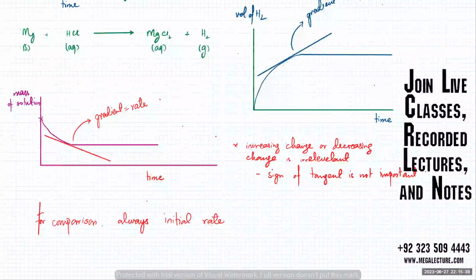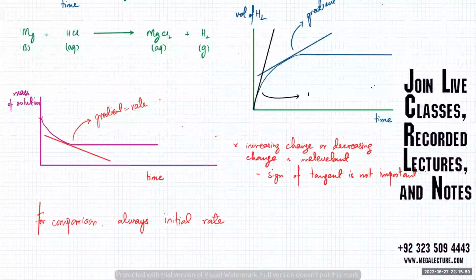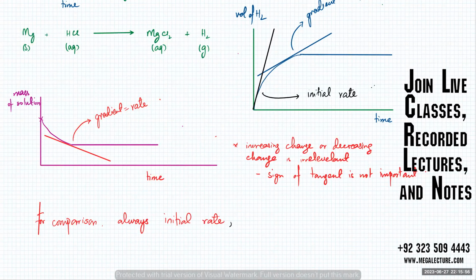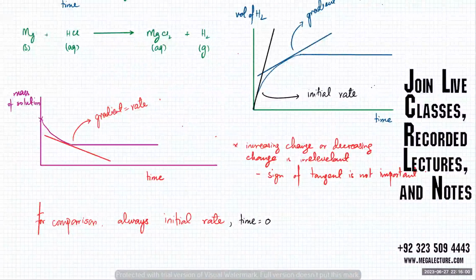If I draw the initial rate, you're going to try and draw the tangent right at the beginning, which is at time t equal to 0. Okay, is that clear?